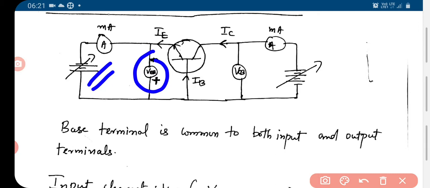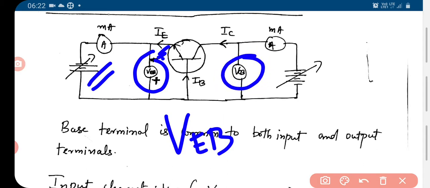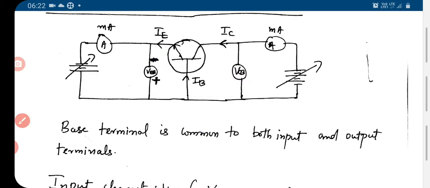VEB is the voltage between emitter and base, or VBE, that is the voltage between emitter and base, and IE is the current in the input circuit, and VCB, that is the voltage between the collector and base, and IC is the collector current.